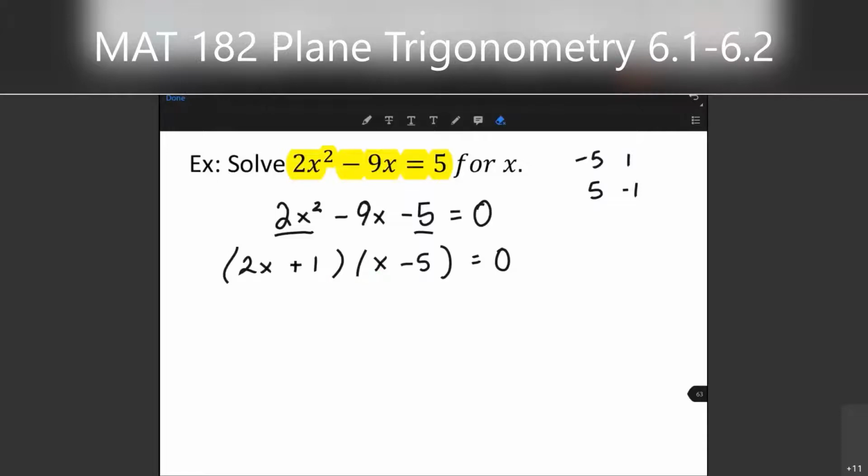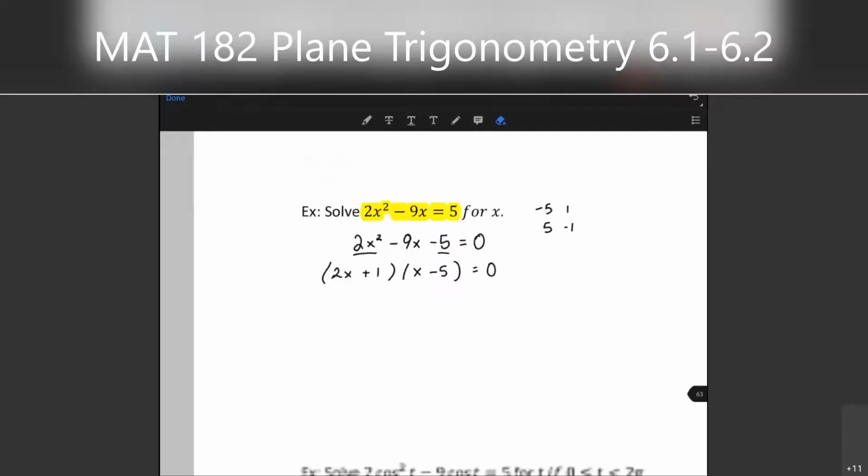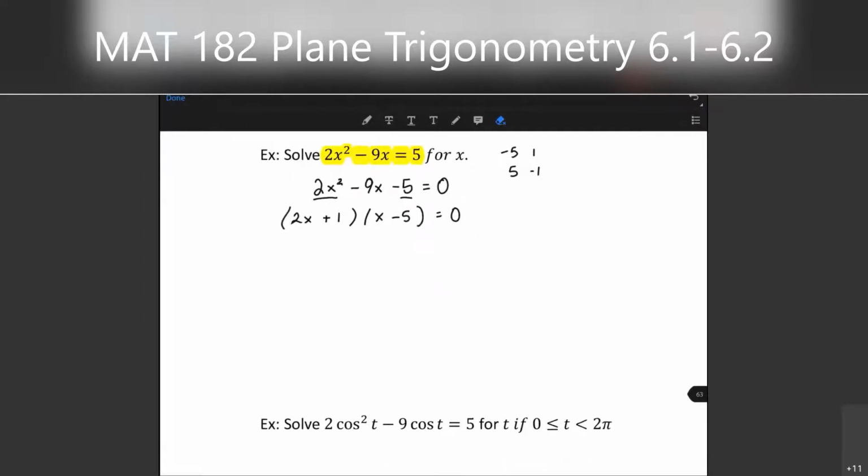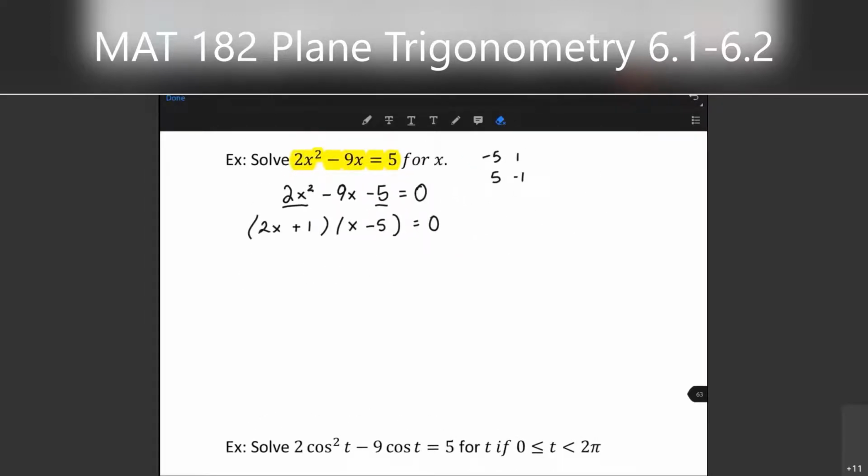Now, I'm going to go down to the trig problem that's very similar to this, and relate the algebra technique we just used to the next problem. So I'll try to keep this in view for just a minute. Notice that in the actual trig problem we're going to be working on below, we have 2 cosine squared t minus 9 cosine t minus 5.